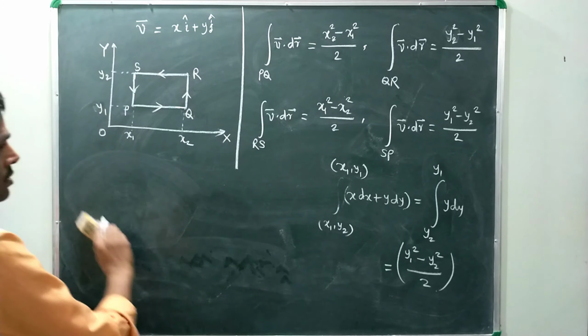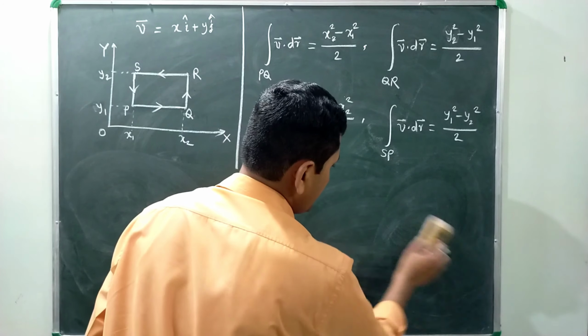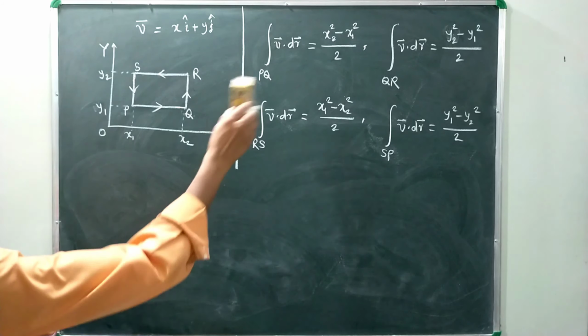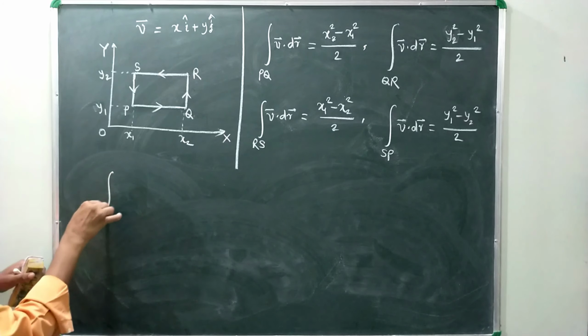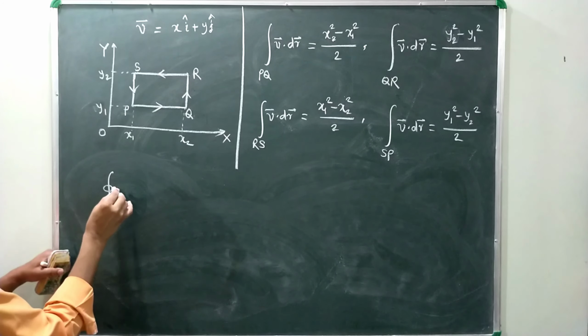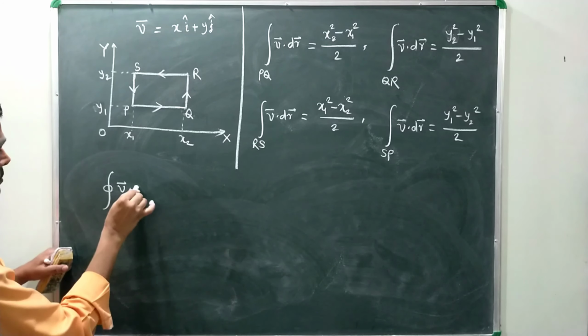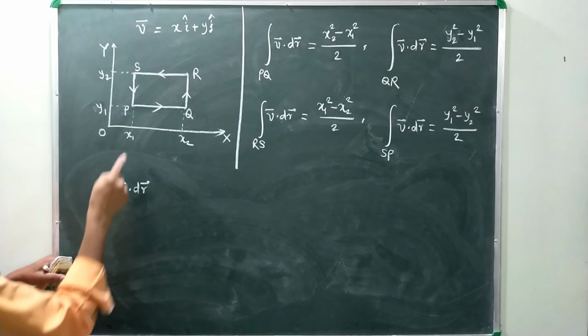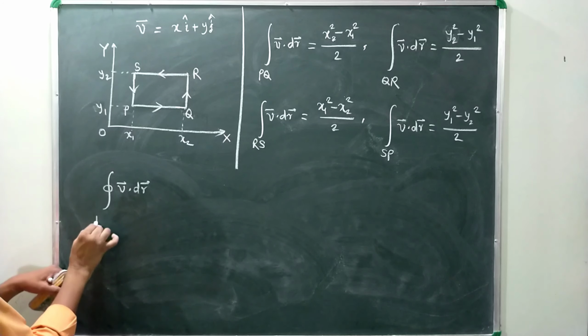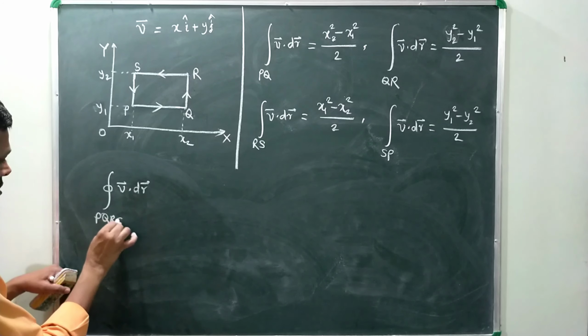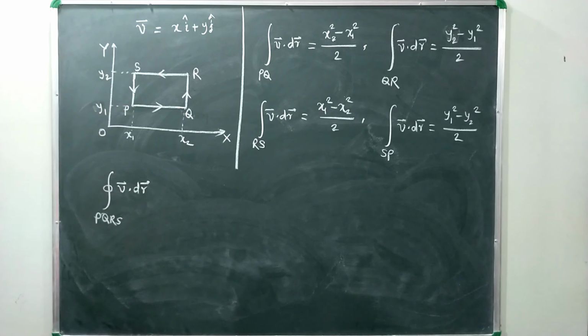Now we may evaluate using these four results. We may write the closed path integral of v dot dr along the closed curve PQRS. Here the closed curve in our case is a rectangle.